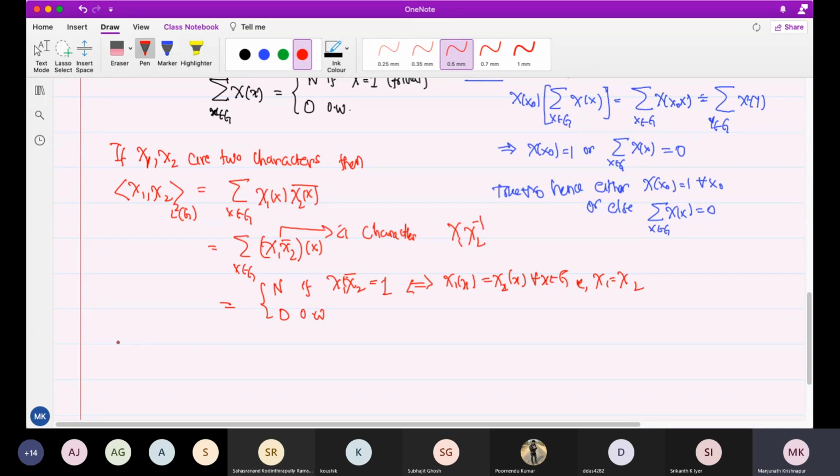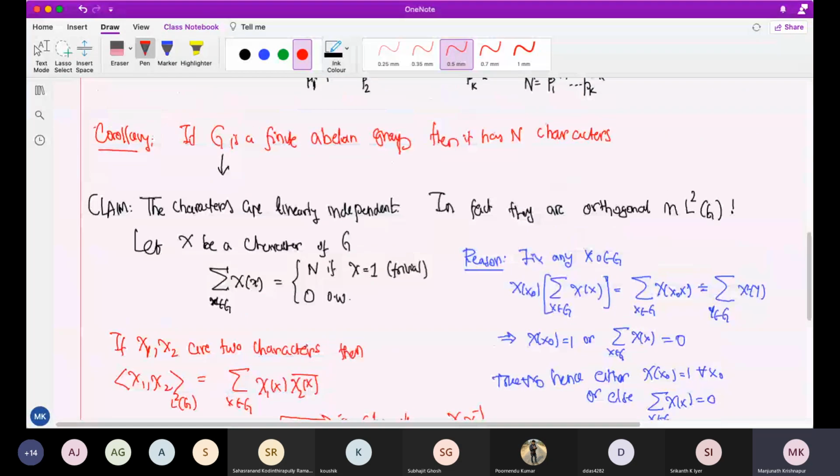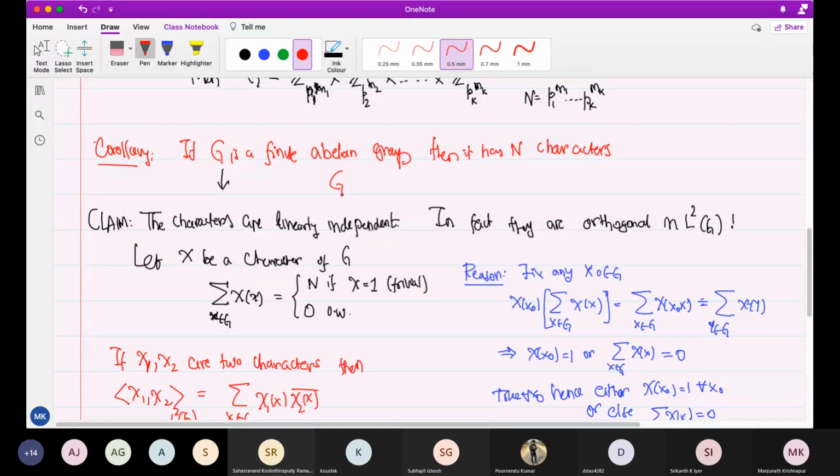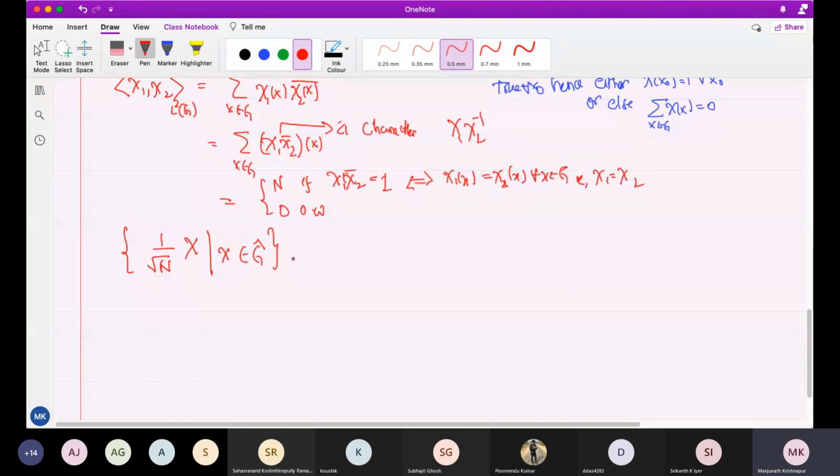Therefore you get again that 1 by square root n chi. Now let me introduce a notation, G hat. G hat is the set of all characters. Then this forms an orthonormal basis.